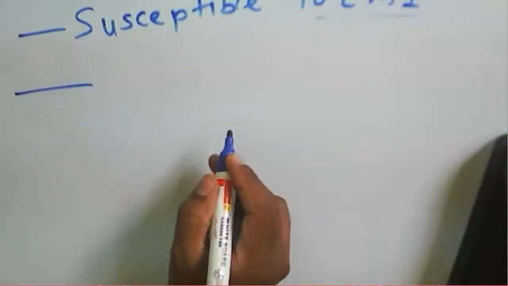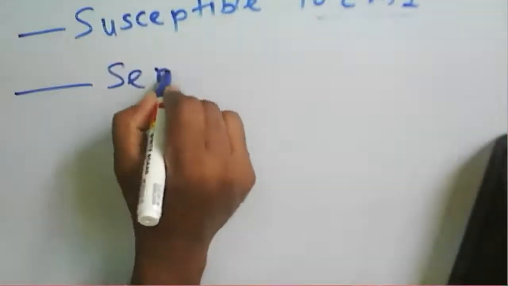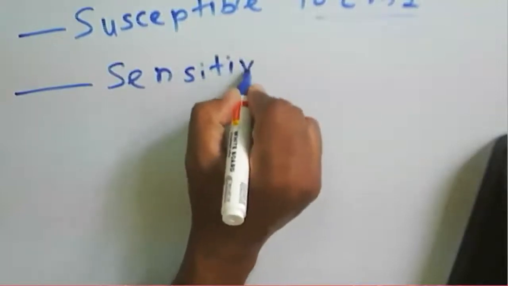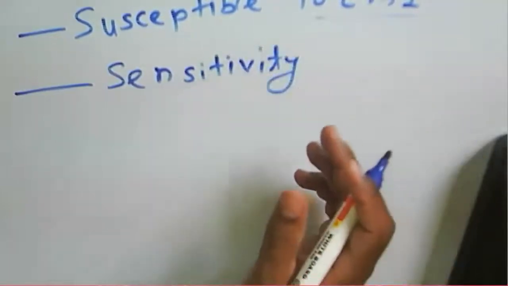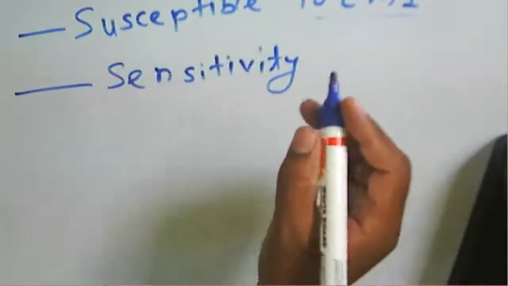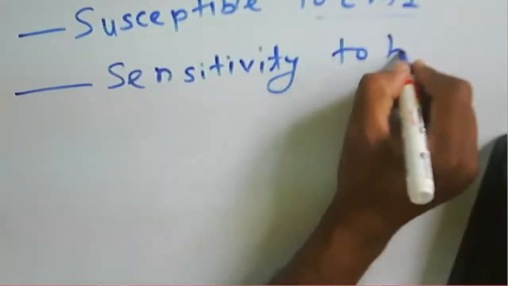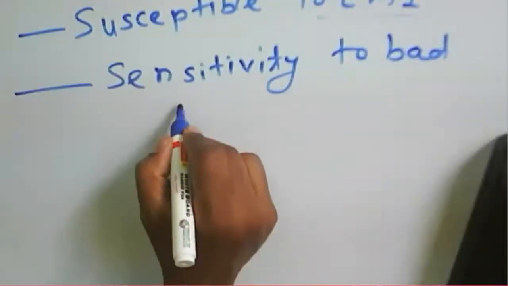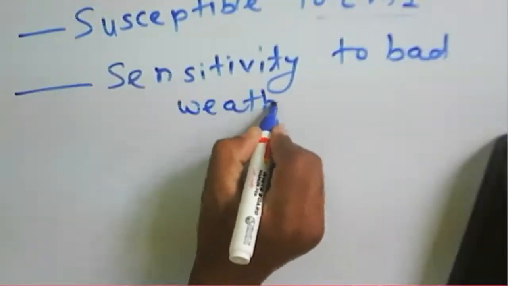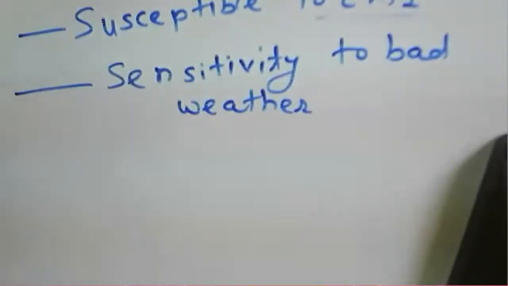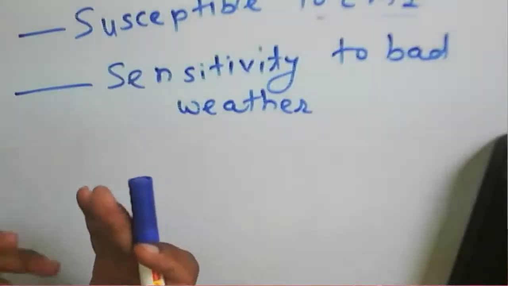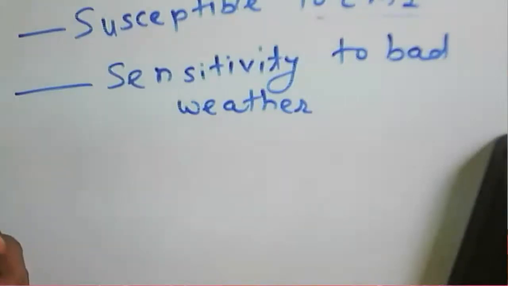Then, microwave signals are very sensitive to bad weather. You might have observed that because of heavy rain at your home, the signal does not reach your dish TV.